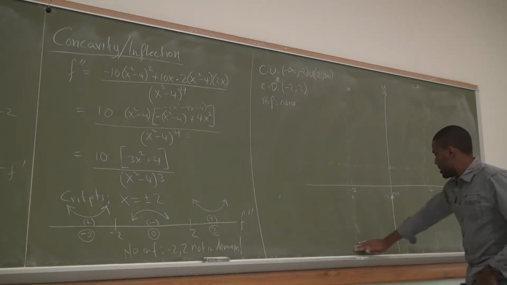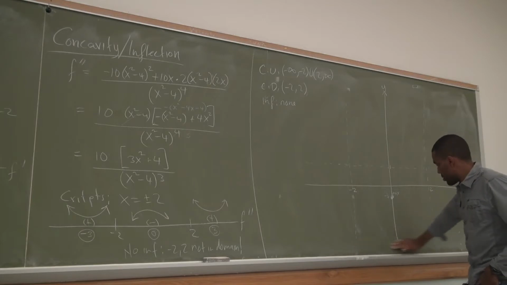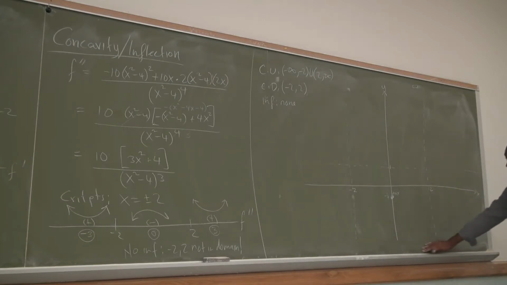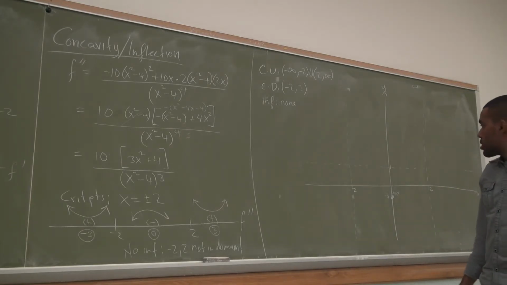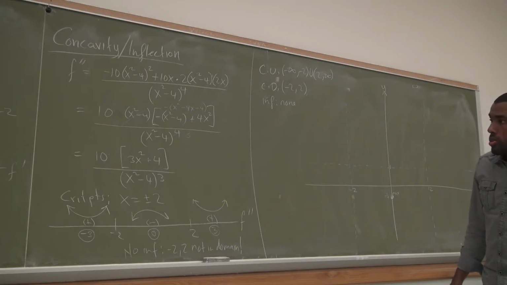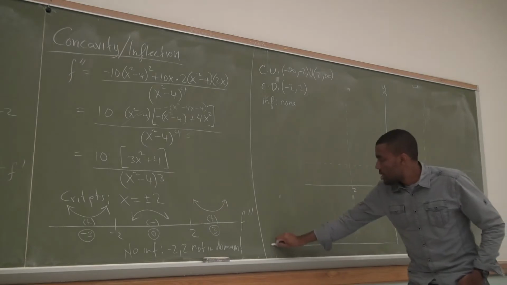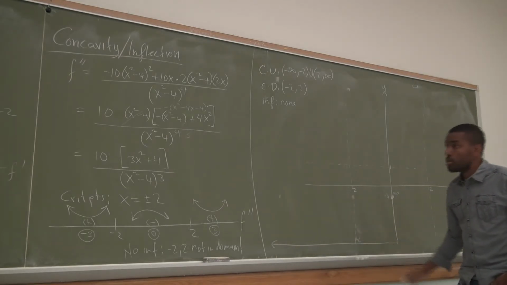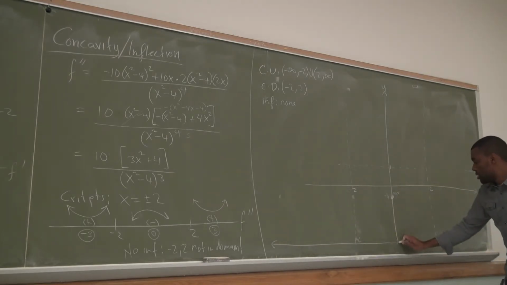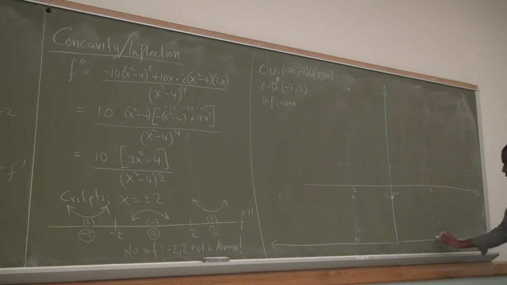Where am I? Increasing and decreasing? Let's put this stuff in. Negative infinity to negative. So I know pretty much from 0 going back, I'm increasing the whole way. And then from 0 going forward, I'm decreasing the whole way.